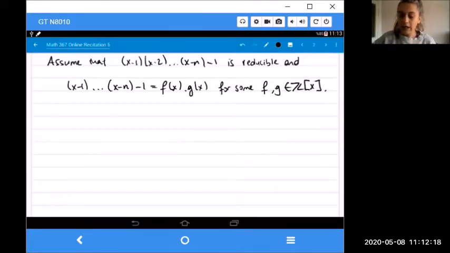Okay? Now, if we consider this polynomial and evaluate it at the values from 1 to n on integers, then we get some equality.